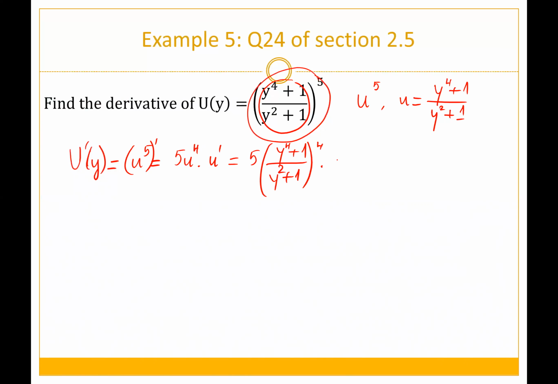And u here is a fraction, so now we're going to use the quotient rule. The quotient has y squared plus 1 squared in the denominator, and the numerator is 4y cubed multiplied by y squared plus 1, minus y fourth plus 1 multiplied by 2y.